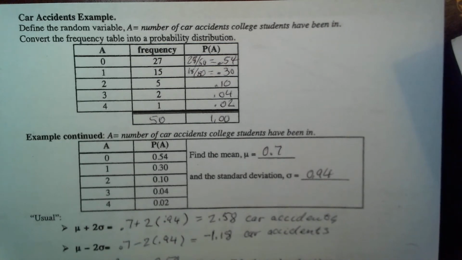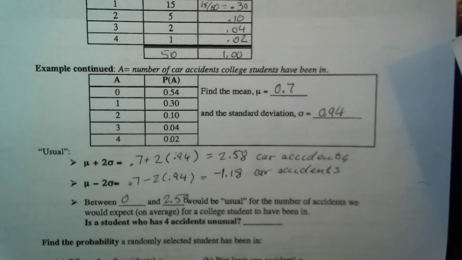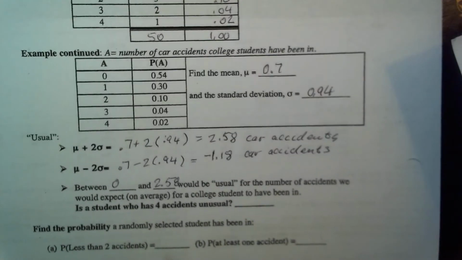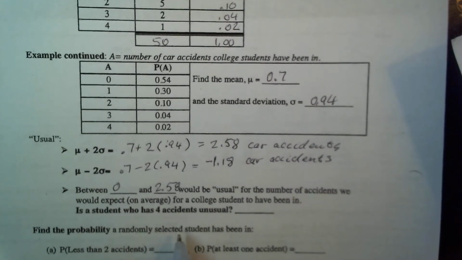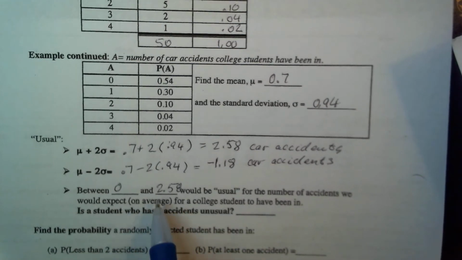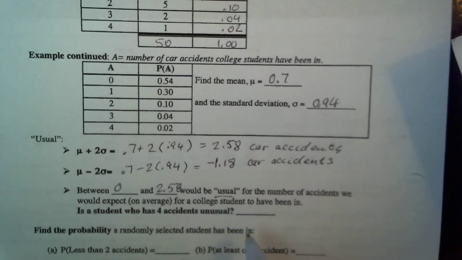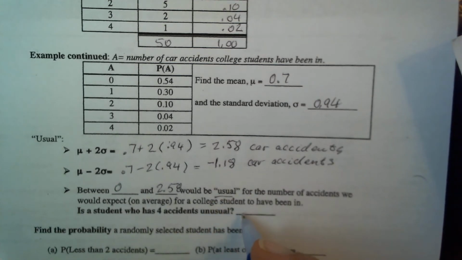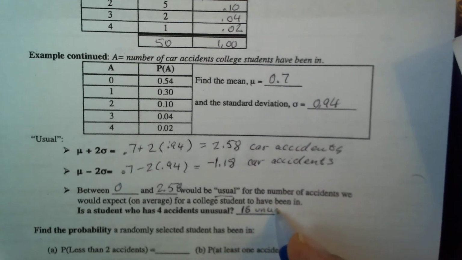So the next question is, is a student who has 4 car accidents unusual? Well, if between 0 and 2.58 is considered usual, then obviously when someone has 4 car accidents, that would be unusual.